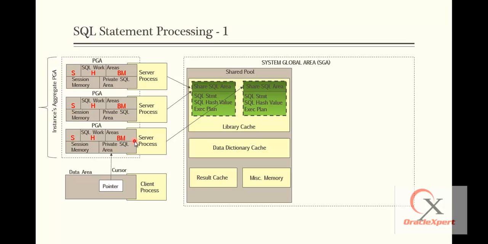A shared SQL area contains all optimization information that is necessary to execute the statement, whereas a private SQL area contains all runtime information that is related to a particular execution of that statement.